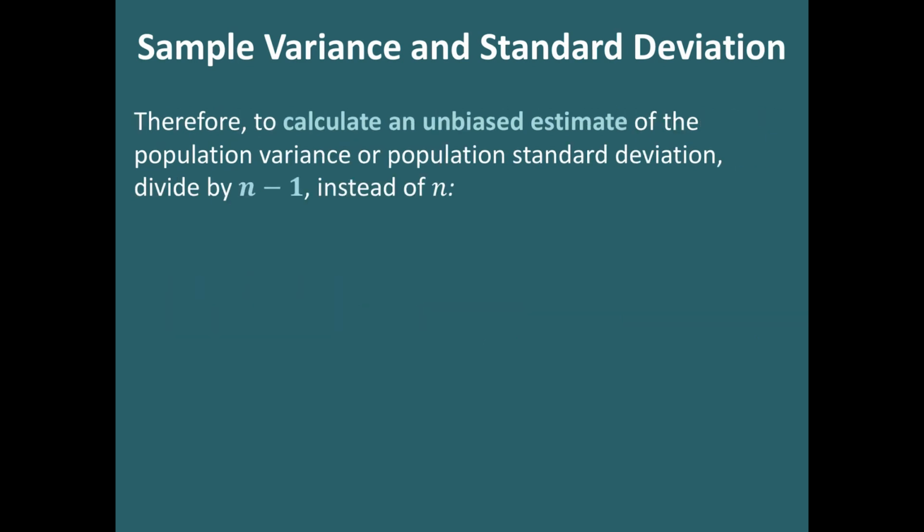Therefore, to fix this, instead we calculate an unbiased estimate of the population variance or population standard deviation by dividing by n minus 1 instead of n. So notice that this formula is very similar to the previous formula of population standard deviation.